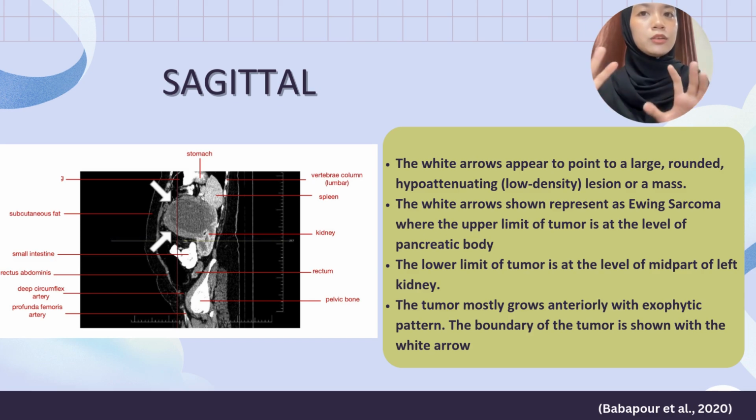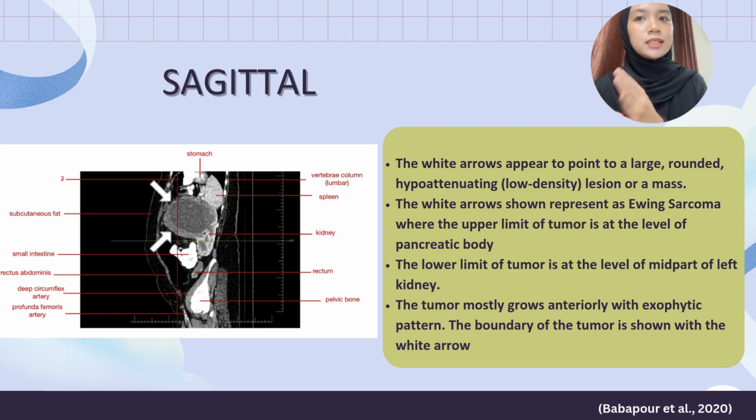The two white arrows here appear to point to a very large, rounded, and also hypodense lesion or mass, as it is darker relative to the surrounding tissues. This well-defined mass appears to extend into the surrounding tissue, which is the renal.